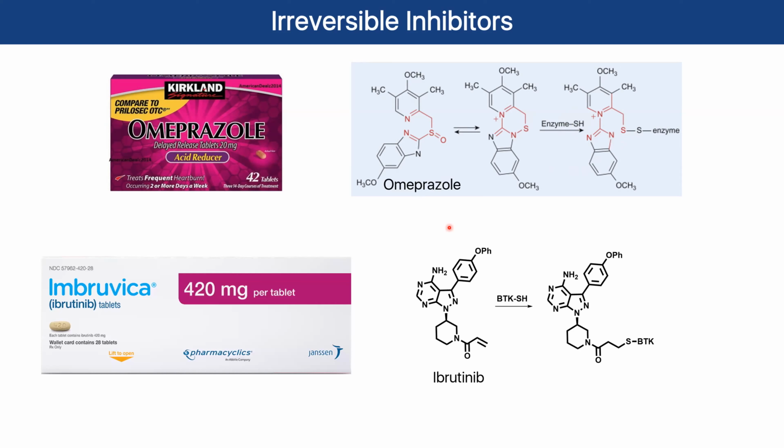There's another very famous example of irreversible inhibitors, ibrutinib. This is actually the first FDA-approved irreversible kinase inhibitor. At the time, nobody really liked irreversible inhibitors, because they thought if this compound non-specifically reacts with any cysteine in your blood or in cells, then it will be stuck there, right?